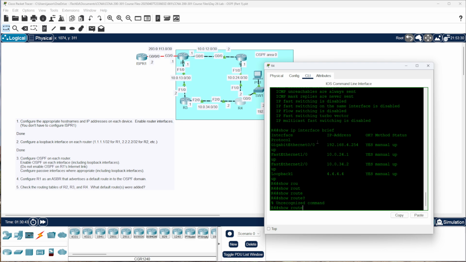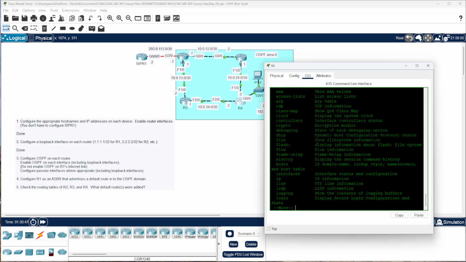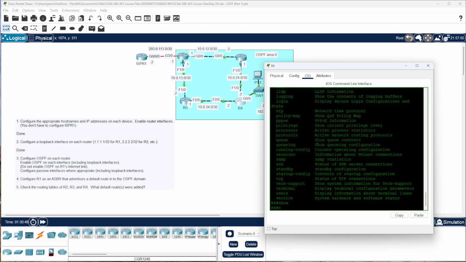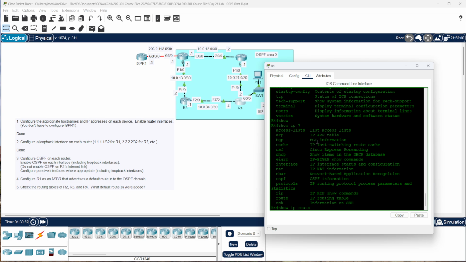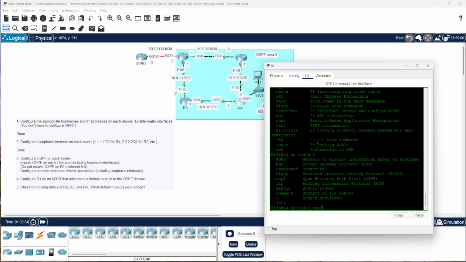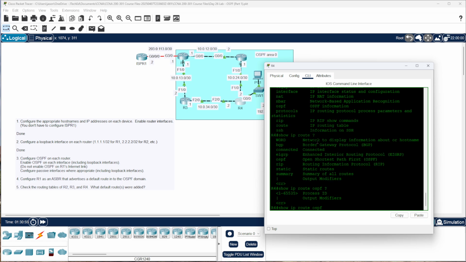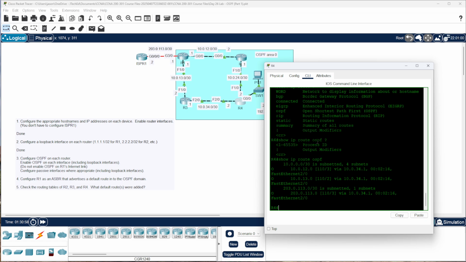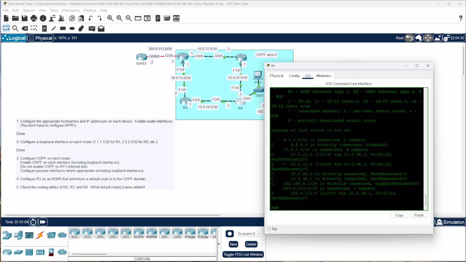Show route. Show something. I'll show IP route, OSPF. So, what, do you just see routes? Show IP route. There we go.